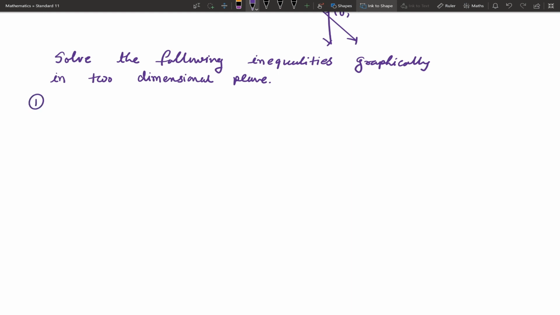The first example is x plus y less than 5.